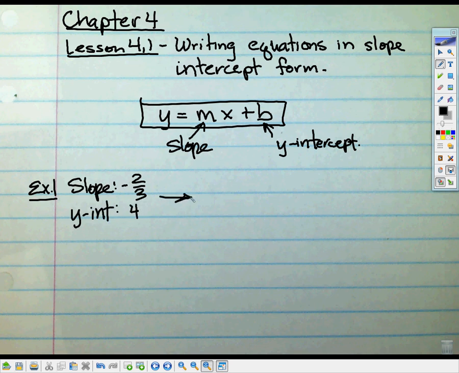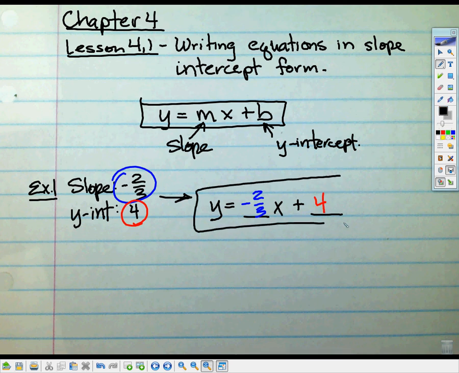And then you will be required to write that equation, and it'll be as simple as saying, hey, I know y is going to equal something times x plus something else. And you just have to know the slope is what will end up going right here next to the x, and you'll have y equals negative 2/3 x. Your y-intercept is what will go back here, and that would be your answer. So you're ending up with an equation in slope-intercept form.